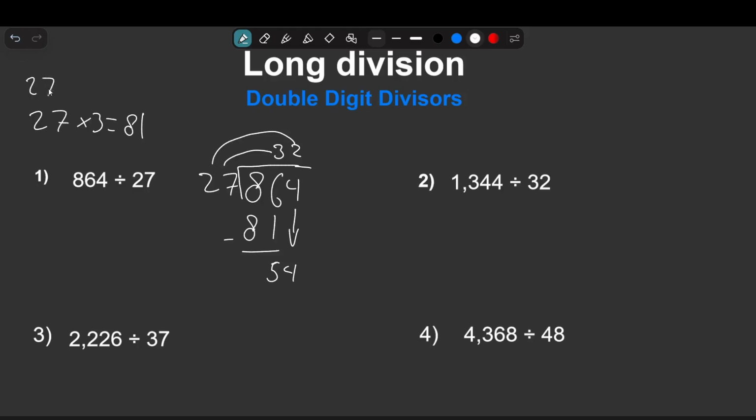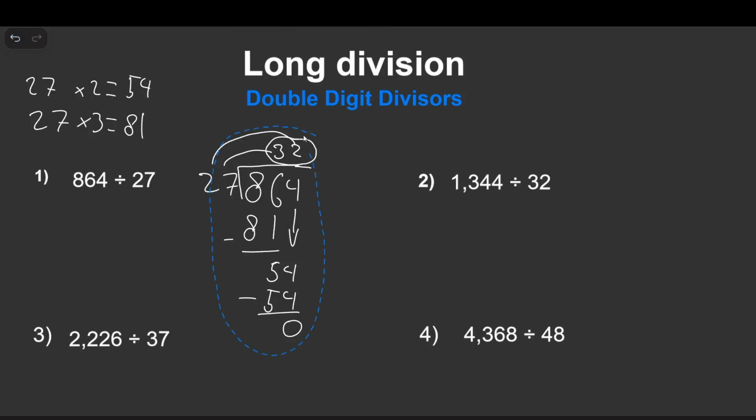So 27 multiplied by 2 will equal exactly 54. So again, now we have to subtract these two. So 54 minus 54, and this will give us a quotient of 0. So this means that we got our answer at a clean-cut, nice 0. So 32 will be our final answer.